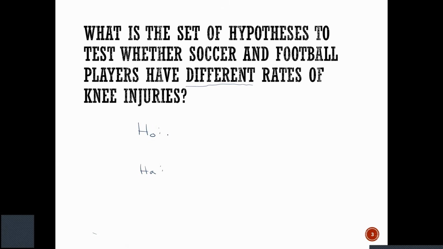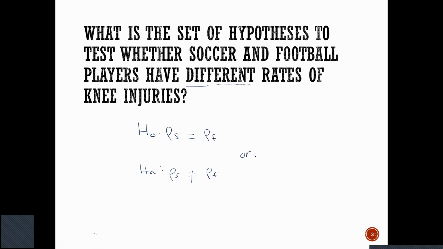And here we have a proportion for soccer and we have a proportion for football. And that's what we're comparing. And so different, they could be different in either direction. So they're either equal to one another or they're not equal to one another.